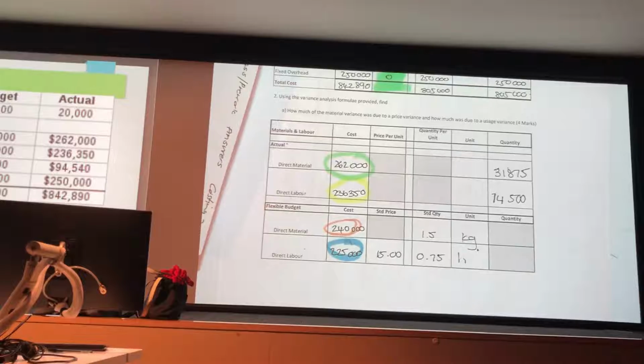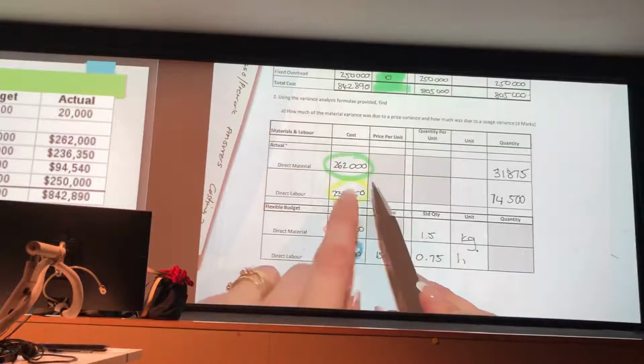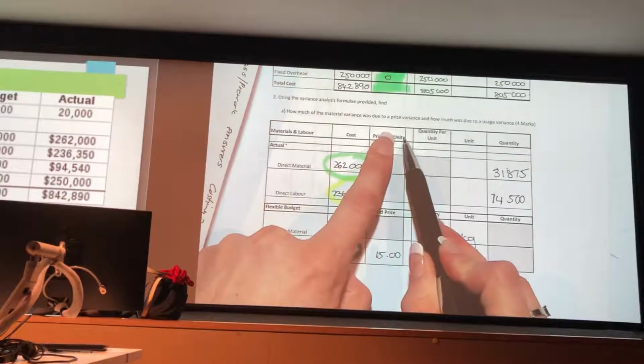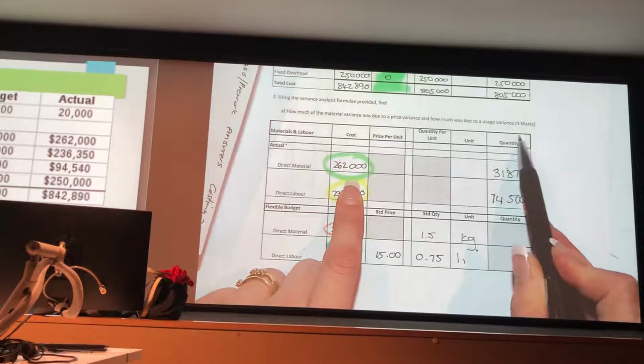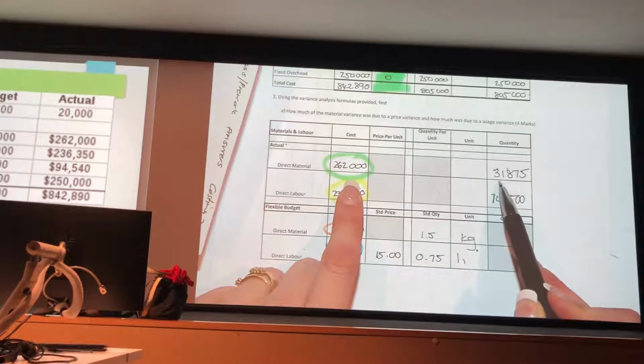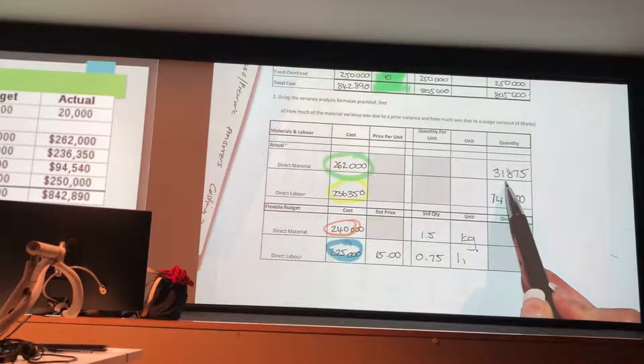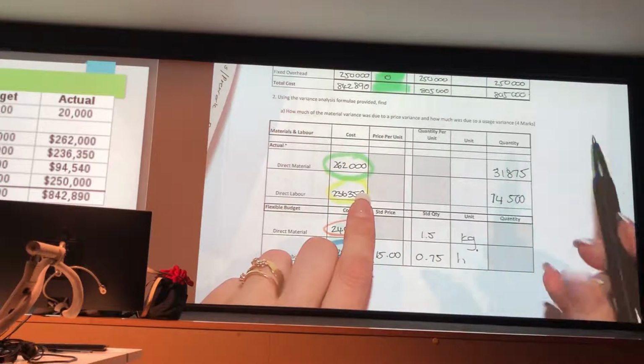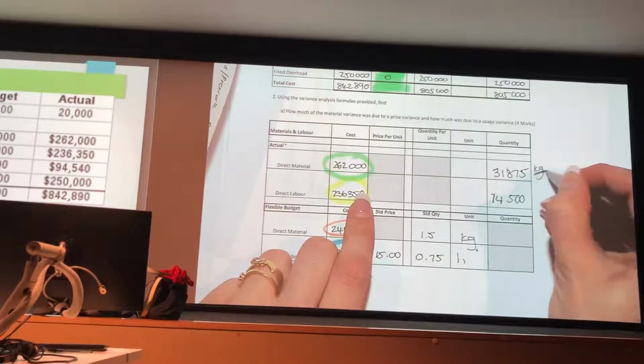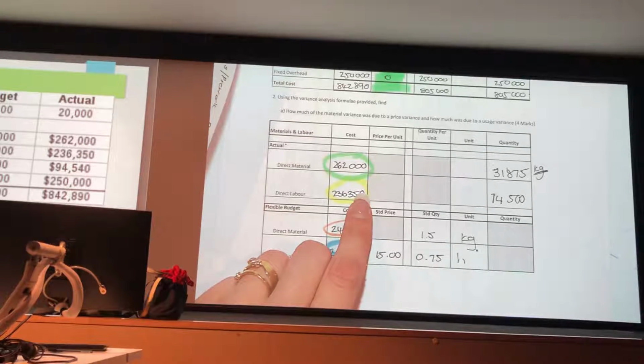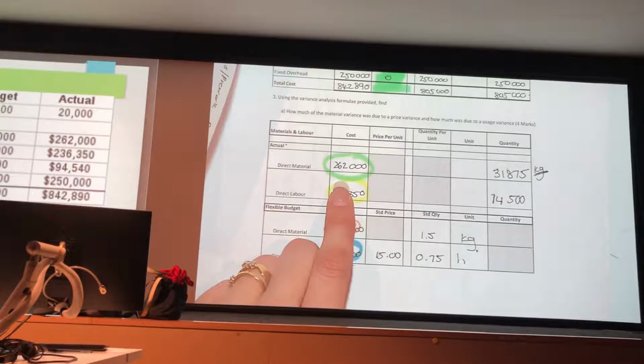So you have that. Then the price per unit will come down to this: we've used a total quantity of 31,875 kilograms, and it cost us 262,000 for the whole 31,875 kilograms.